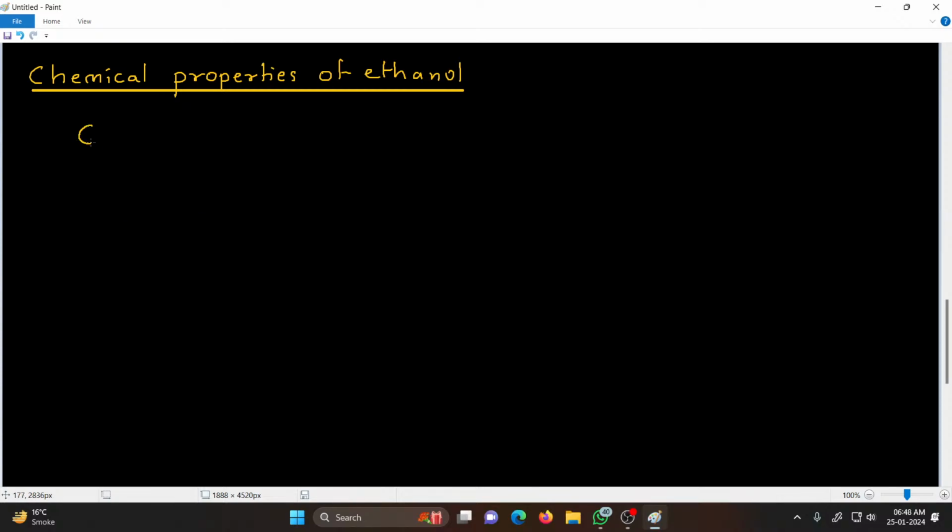The first property is that ethanol, that is CH3CH2OH, can combine with sodium metal. Now whenever sodium metal appears in a reaction, you have to understand that it is highly electropositive.